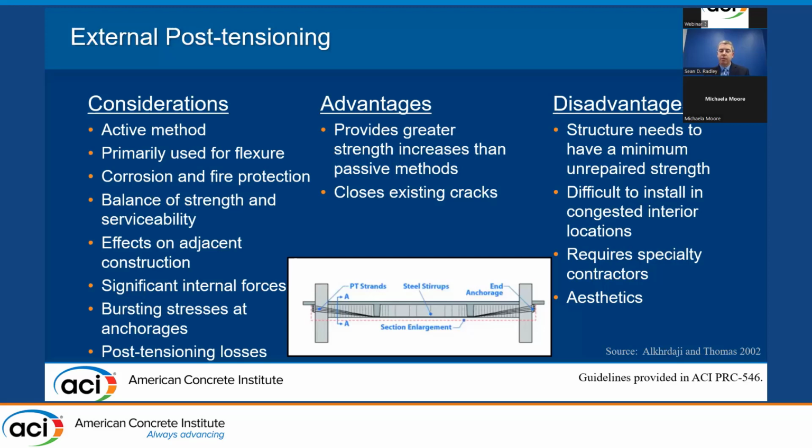It needs to have enough strength to support itself and service loads. Because of the extensive nature of this approach, it may be difficult to install in congested interior locations and require specialty contractors. As noted before, aesthetics also need to be discussed and agreed upon prior to selecting this method. Further guidelines are provided in ACI 546.